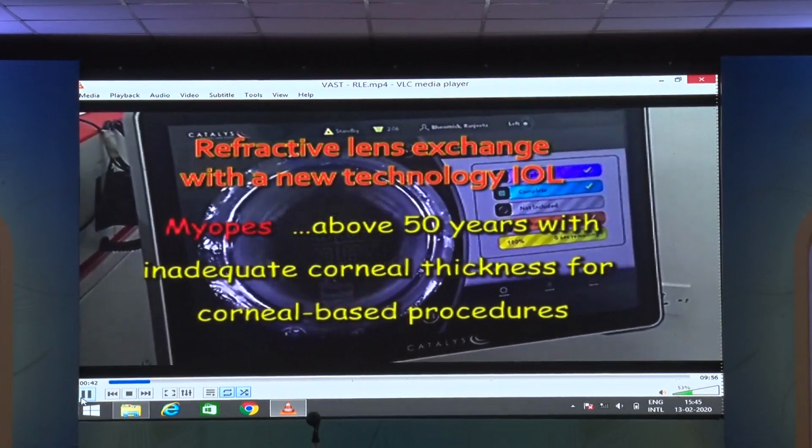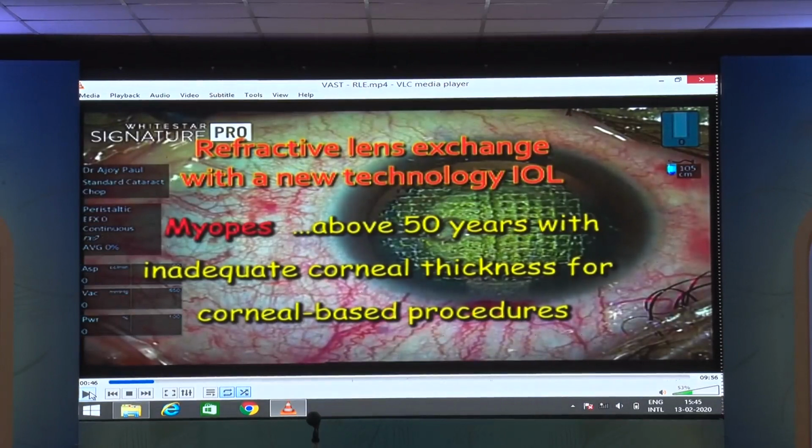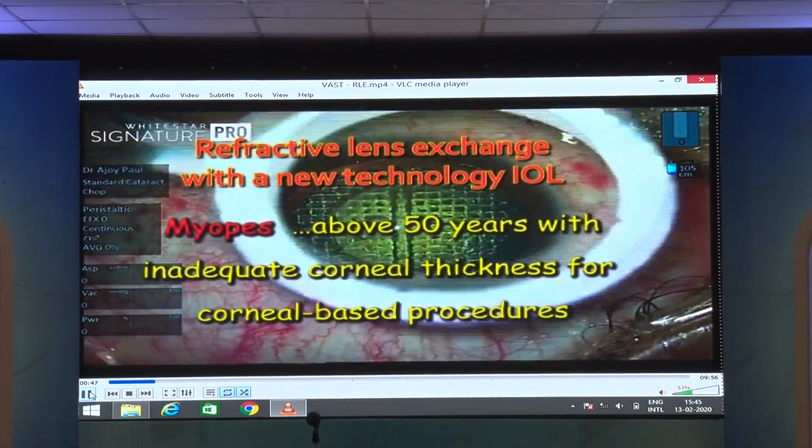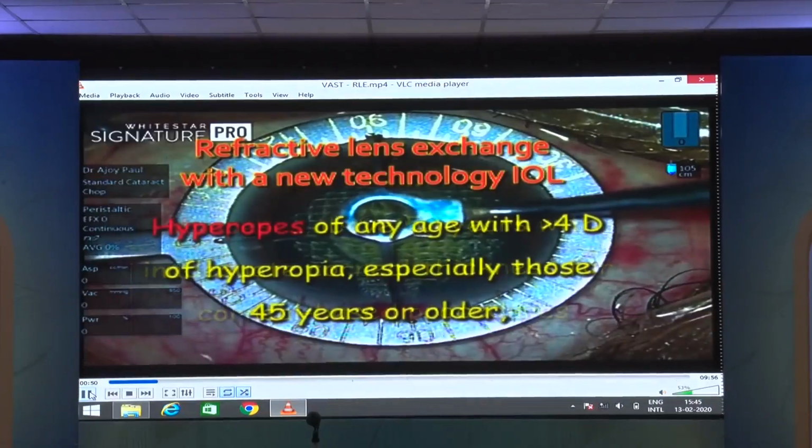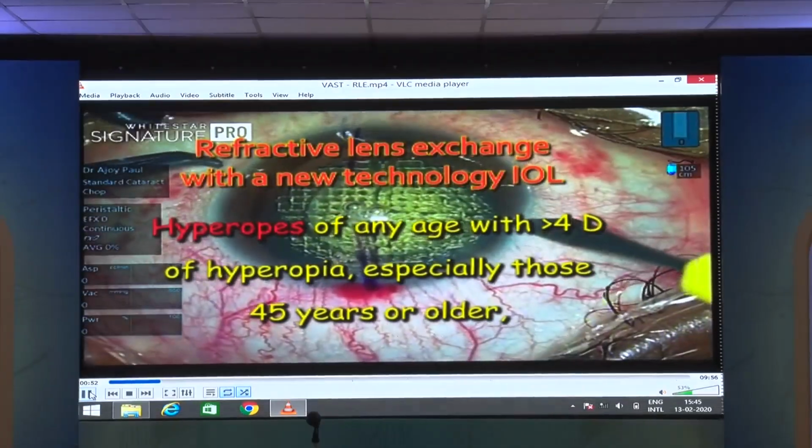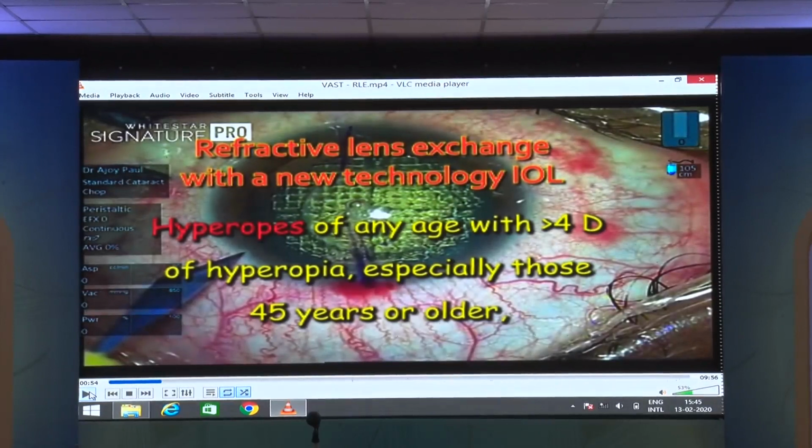But when it comes to refractive lens exchange, any myope over the age of 50 years with inadequate corneal thickness. Now remember, inadequate corneal thickness for any corneal-based procedure. And any hyperope of any age above 4 diopter, and especially those who are above 45 years old.